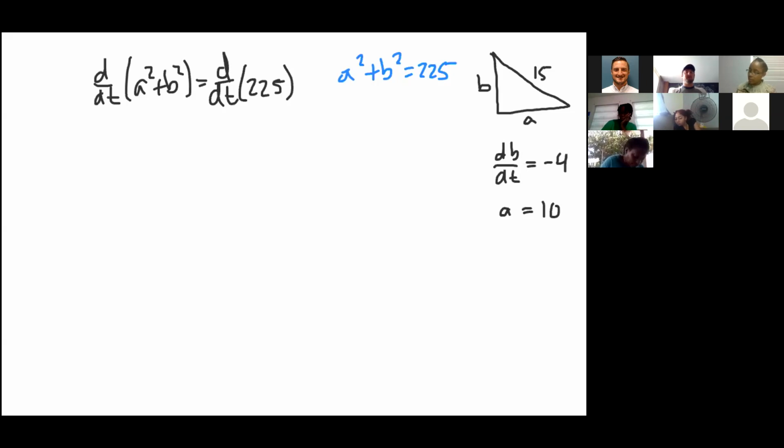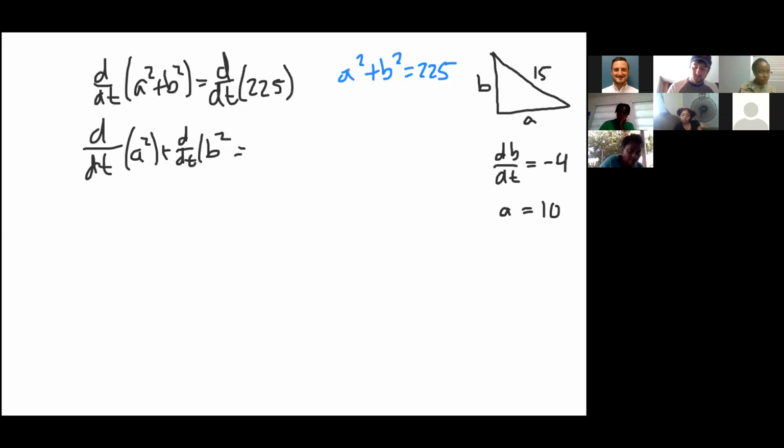derivative with respect to both sides of the equation that was given. So if I do so, again, just taking it piece by piece. The derivative with respect to time of a squared plus the derivative with respect to time of b squared is equal to the derivative with respect to time of 225.